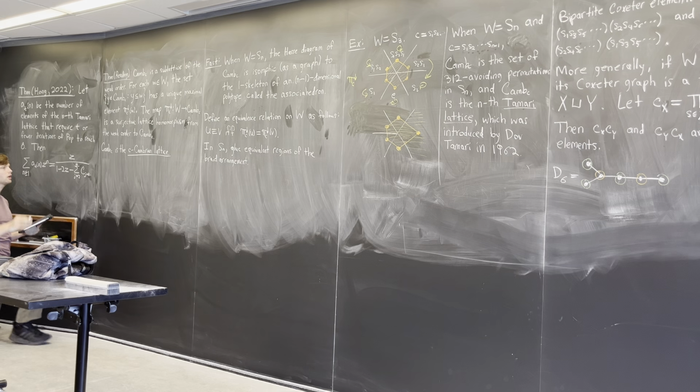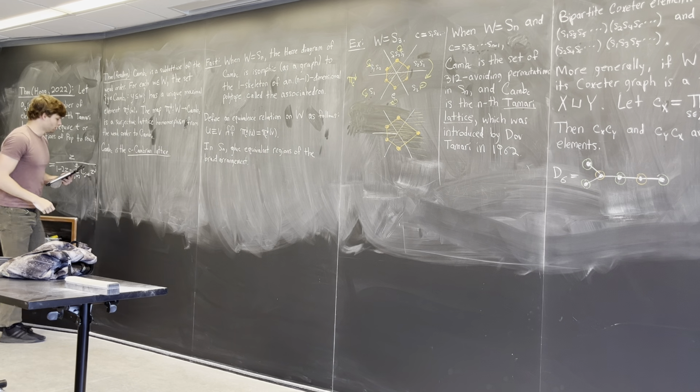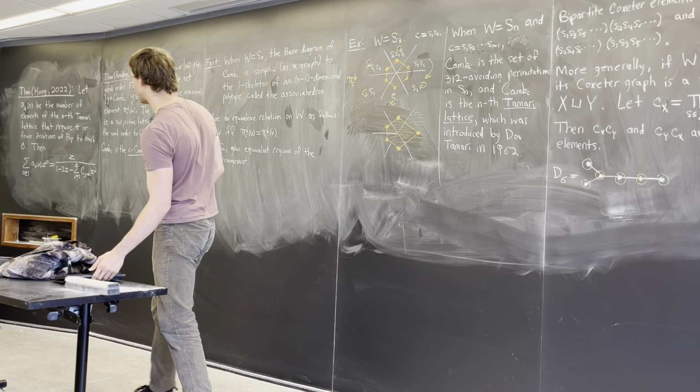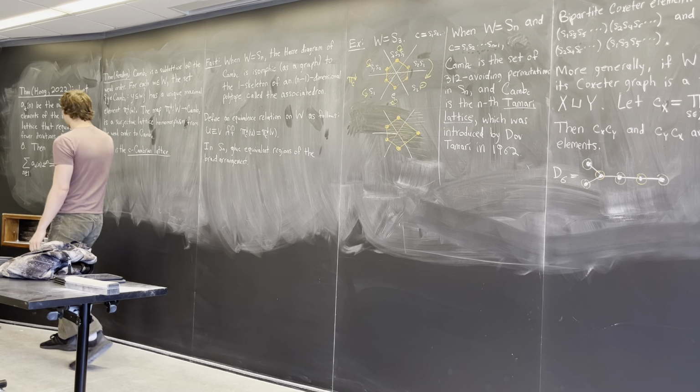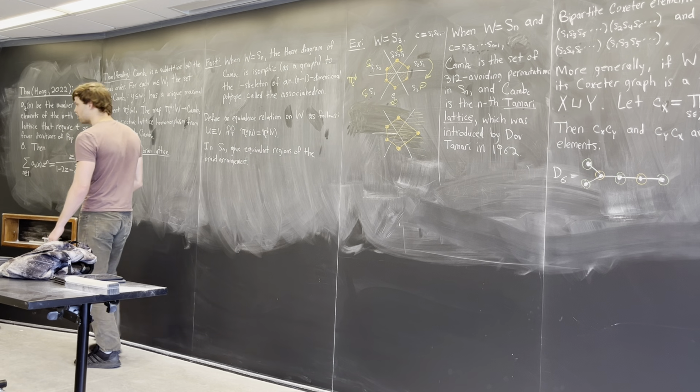I guess earlier I was calling it cat of Sn, but here, this is the j minus first Catalan number, z to the j. So if t is 4, this would be z over 1 minus 2z minus z squared minus 2z cubed minus 5z to the 4th.